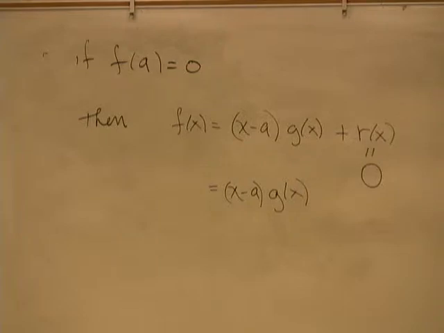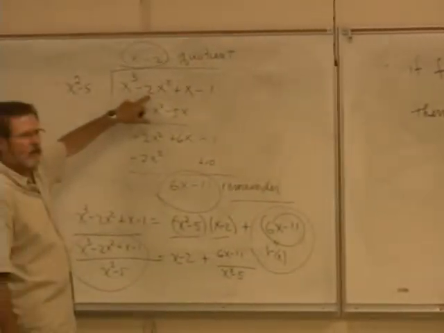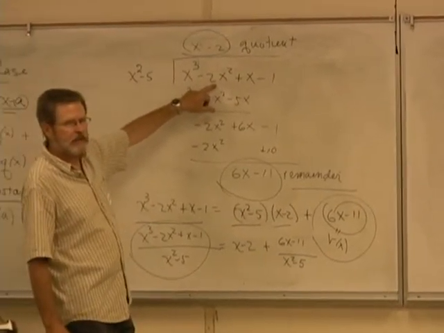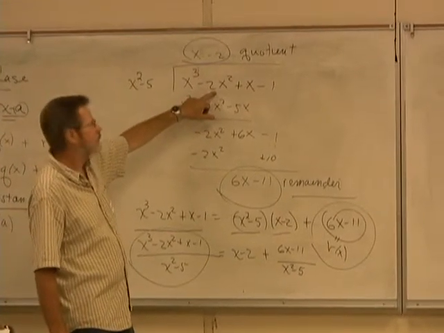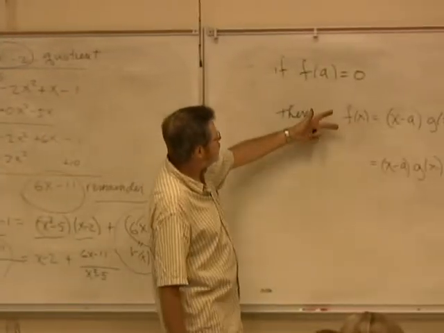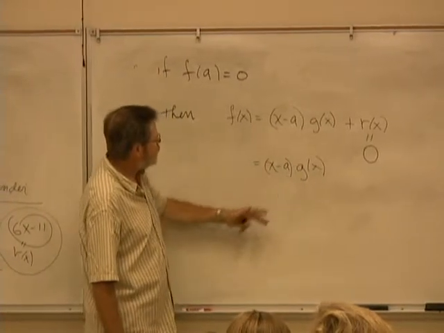One of the things this means is that, say, I begin with a polynomial of degree 3 here. If I can find any value of x which makes this equal to 0, then I can write this polynomial of degree 3 as x minus a times g of x.